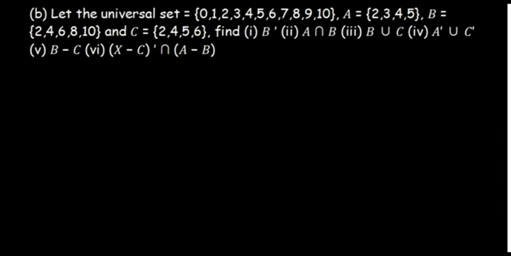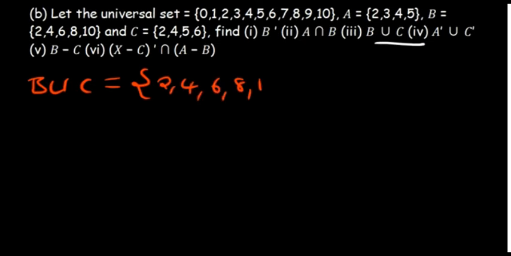Okay, we are on the third part of the question, which says B union C. For B union C, we combine the elements in B with C. For our B, we have 2, 4, 6, 8, and 10. Then our C, we have 2, 4, 5, and 6.